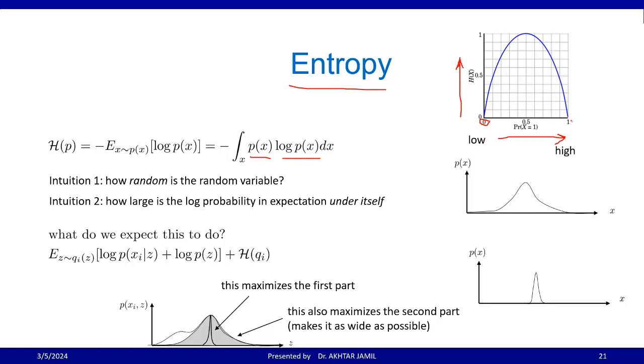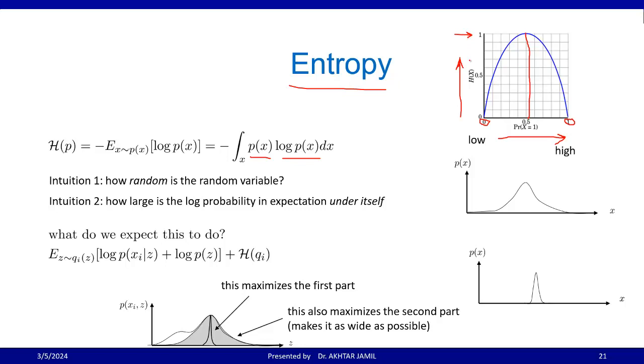Or if I know that this one is always going to be 1, then there is no entropy, it is 0, there is no randomness. But if I know that p of x is equal to 1 with a probability of 50%, then there is high unpredictability. That means we are going to have the maximum entropy, because with 50% of something, I'm not sure what the other 50% will be.